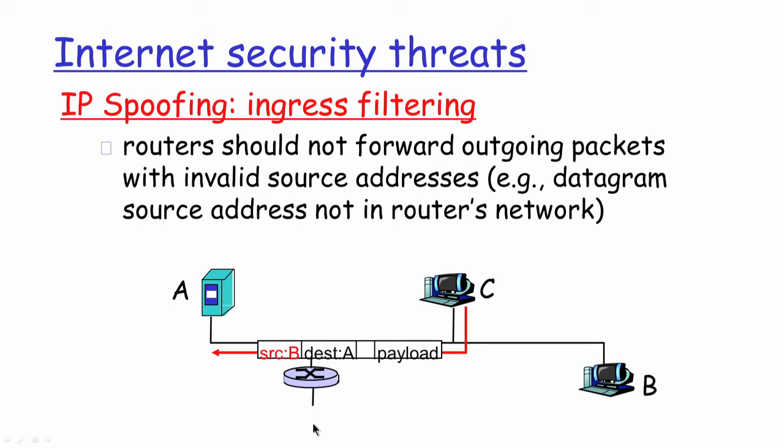So there is no way by which I will be able to get the packet coming in here with the source address as B. Now with this kind of ingress filtering mechanism, the router, when it receives a packet, will have this as one of the criteria to check for the validity of the source address, and will silently drop the packet in cases where it finds that the packet is being received on an interface and the source IP address of the packet is not matching the network address of that particular interface. So this is one way by which the IP spoofing threat is eliminated by doing certain configurations on my router device, right.